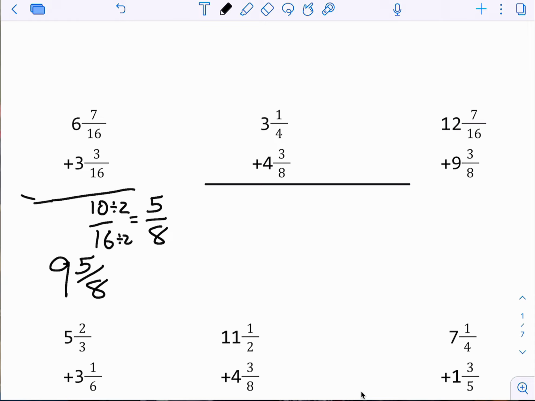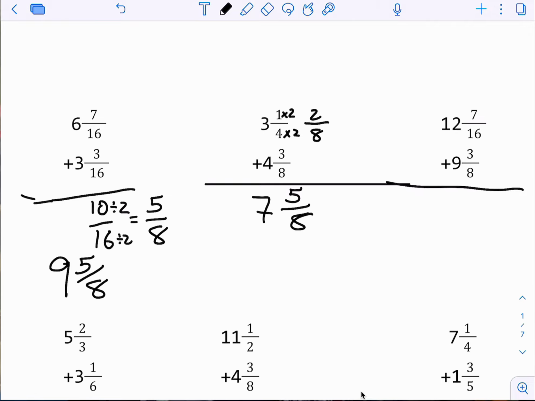Perfect, then I'm going to use eighths. So I only have to change the one fraction into eighths. So times that by 2. What I do to the bottom, I also do to the top. So 1/4 is equivalent to 2/8. Now I can add those together. So 2/8 plus 3/8 gives me 5/8. And now I can add my whole numbers, 7.